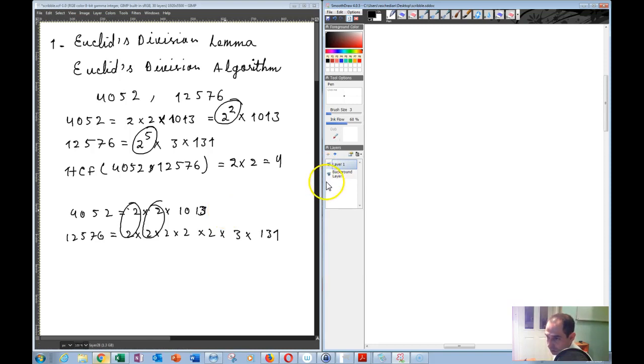Whatever you want to do with numbers, you need to understand the concept of HCF and be able to calculate it. Of course, there are calculators around that would do that for you, but before you can entrust that job to a calculator or a machine, you need to understand the process itself. So now I know that the HCF of these two numbers is 4.